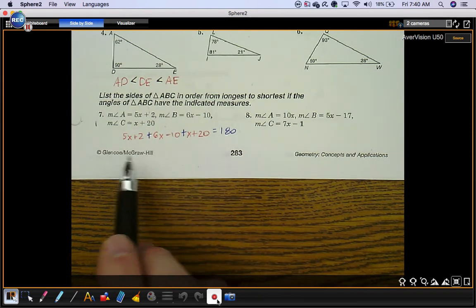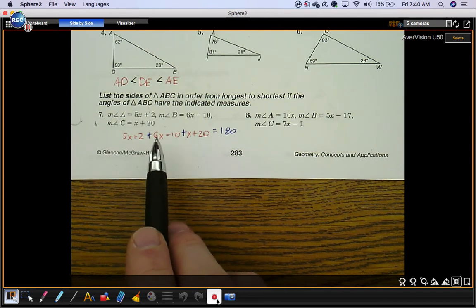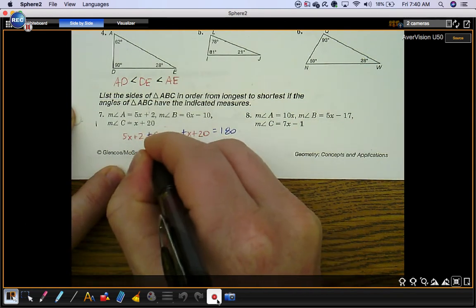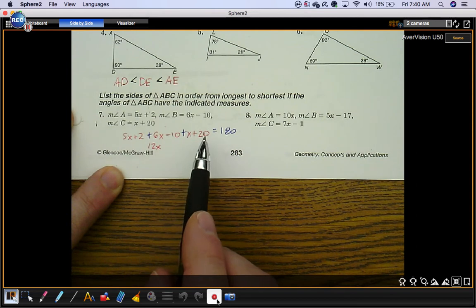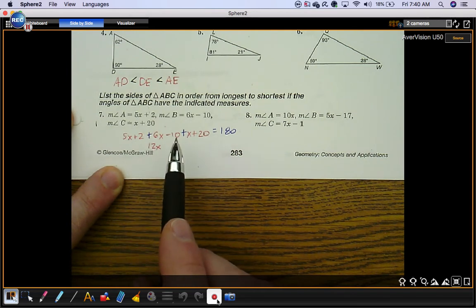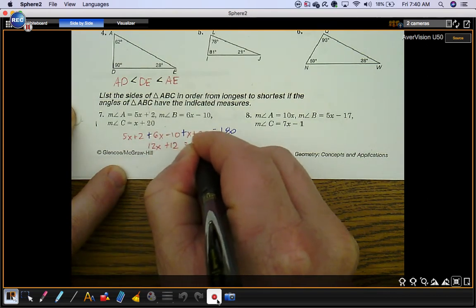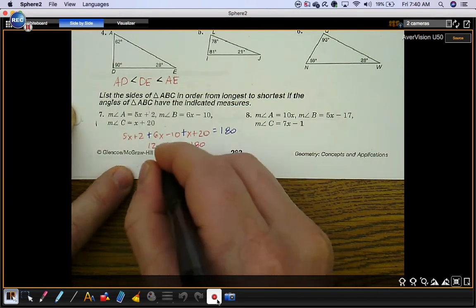Okay, so let's combine like terms. We have 6 terms on the left side. That's a lot of stuff. 5x, 6x, 1x. Just watch your signs. That's 12x. We also have a 2, a 20, that's 22, 22 minus 10. We'll subtract 12 from both sides.